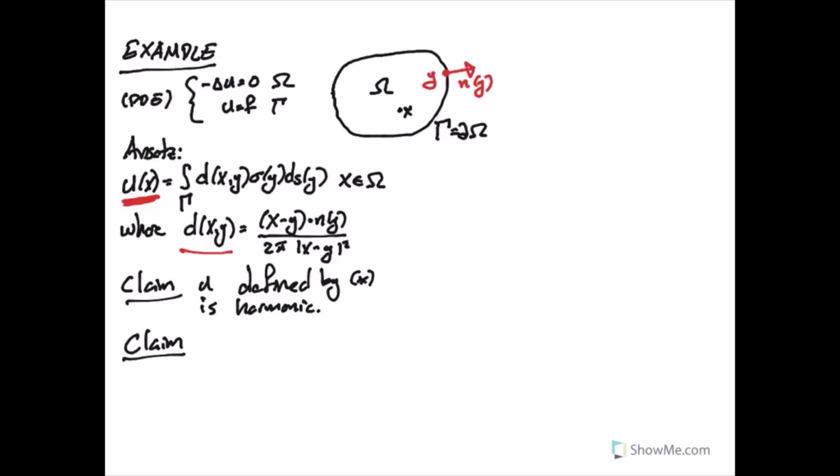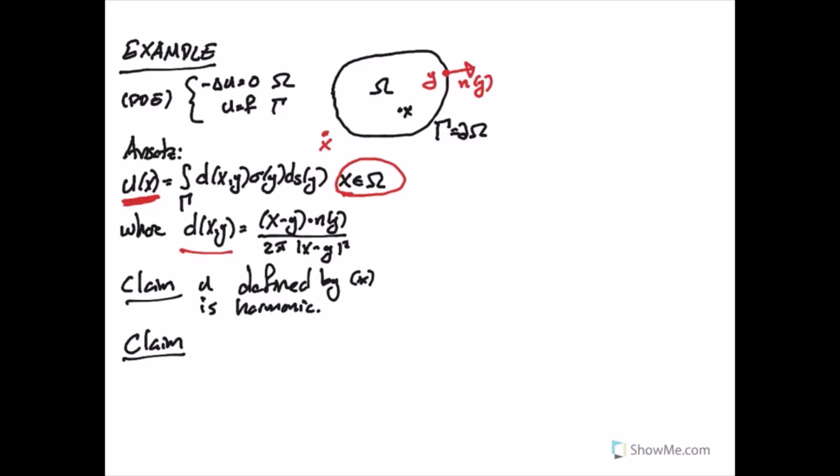It is not continuous over all of R2. You'll notice that here I restricted the applicability to just x in omega. The reason is that this is a C infinity, very nice harmonic function on omega. You could also define it for x outside of the domain, and it would be harmonic there as well.